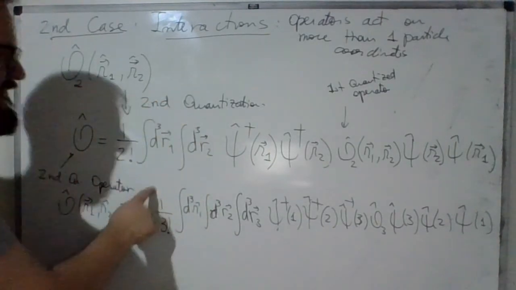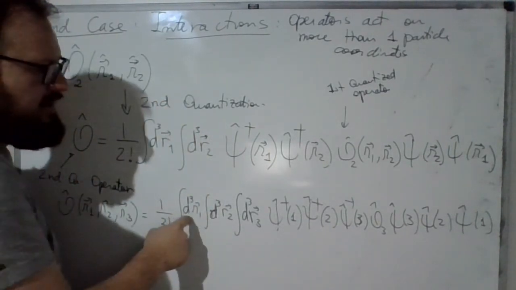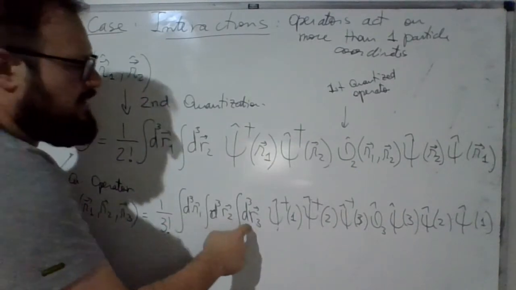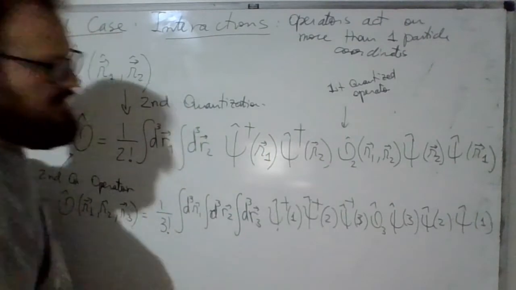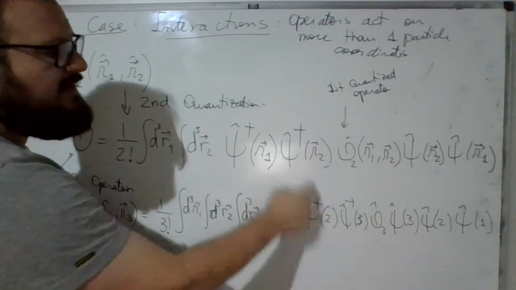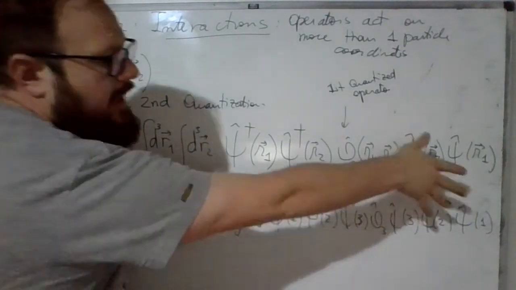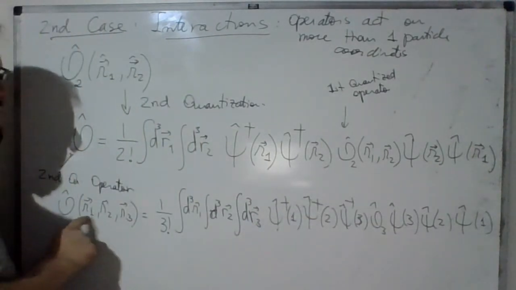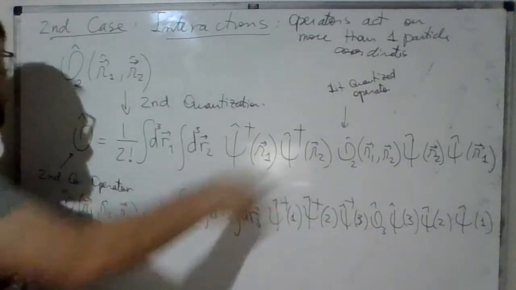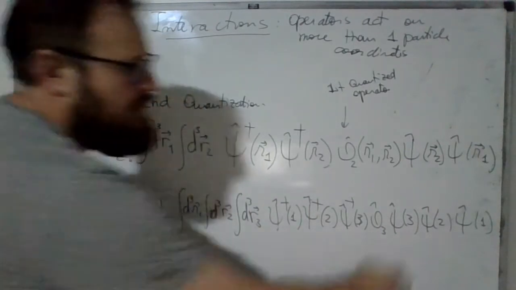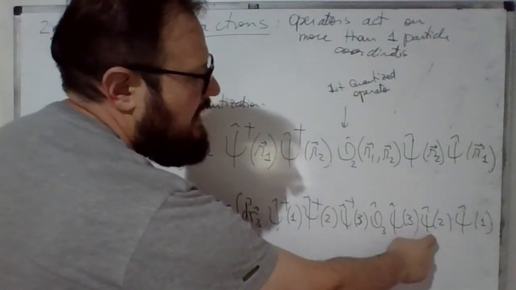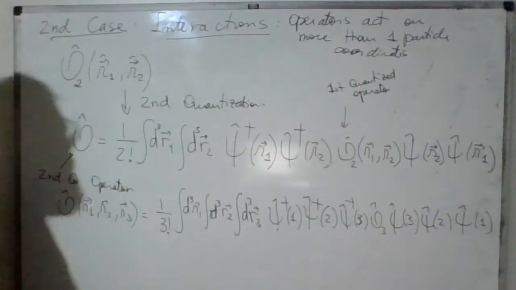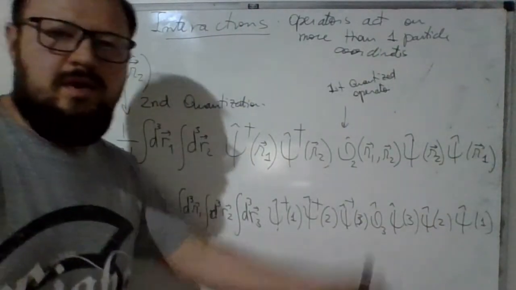So 1 over n factorial, integration with respect to the coordinates R1, R2, R3, Rn, psi dagger 1, psi dagger 2, psi dagger n. The operator of n particles, you could have R1, R2, R3, R4 to get the Rn. Psi n, psi n minus 1, psi to reach the 1 here, the coordinates of the particle 1.